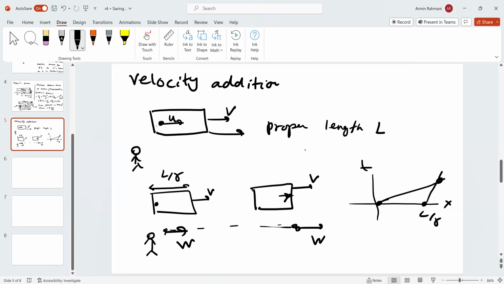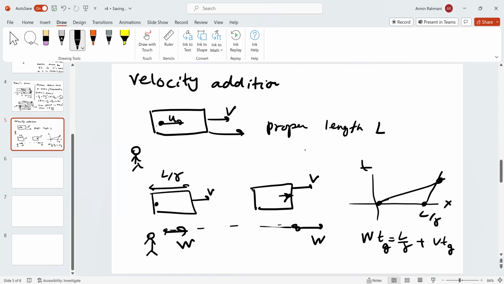So again, we can write W t is going to be L over gamma plus Vt. So that t, let's call it Tg, the time that has passed on the ground, according to this person standing on the ground.